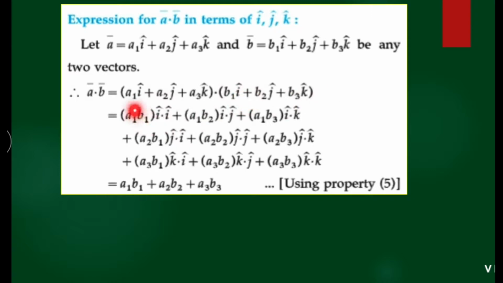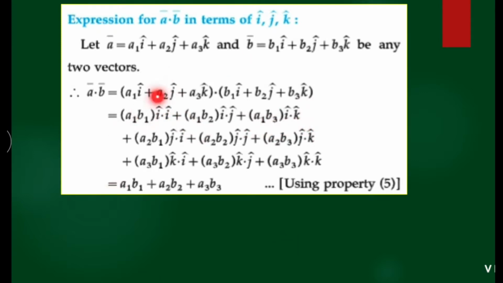So see here, first we multiply the scalars. So a1 into b1, then i dot i. Then we multiply a1 with b2, so we write a1 b2, then i dot j, plus we multiply a1 i to b3 k, so we write a1 b3 and i dot k.